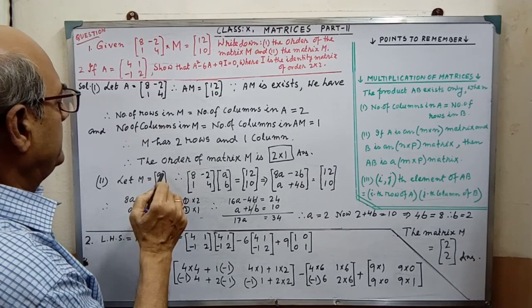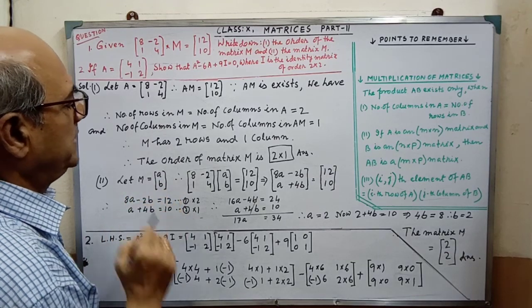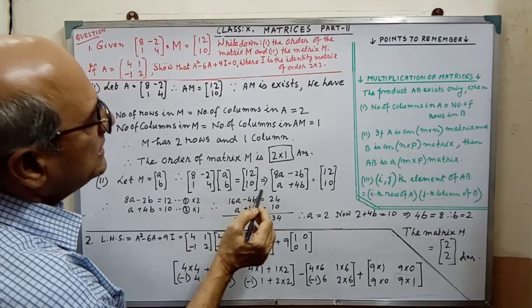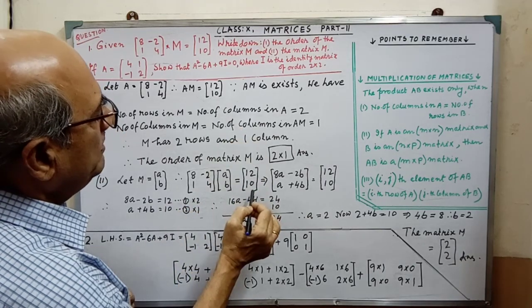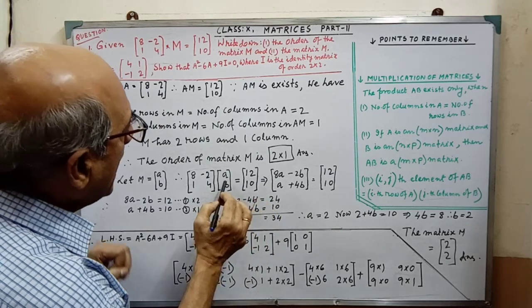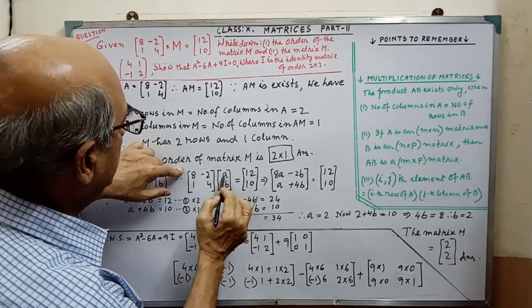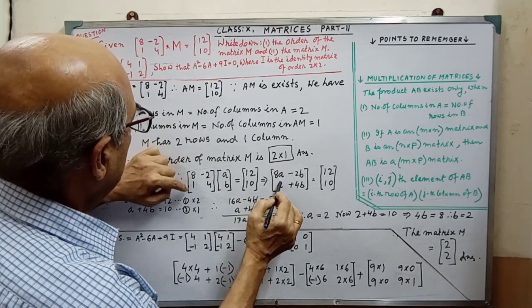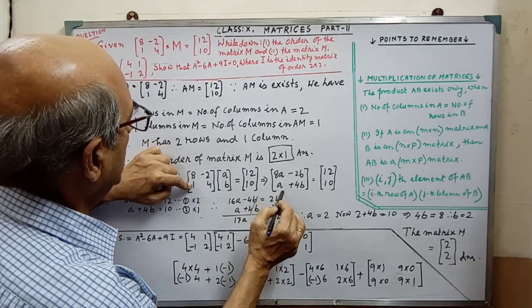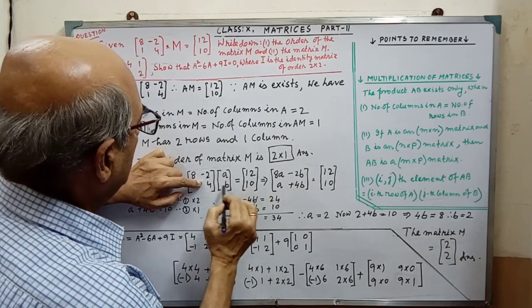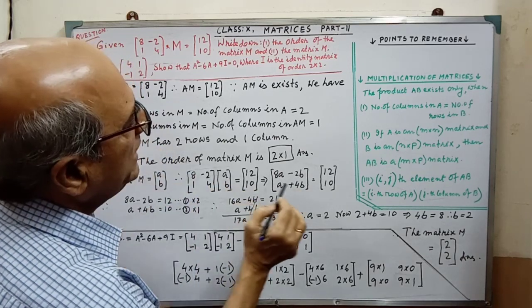Next, part 2. Let M equal AB. Therefore this matrix into this equals 12, 10, and now we have to multiply. Multiply, that is A into 8 and A into 1, then B into minus 2 and B into 4.